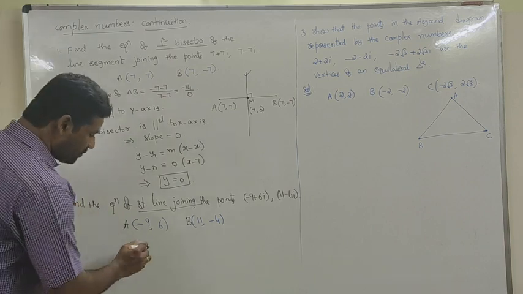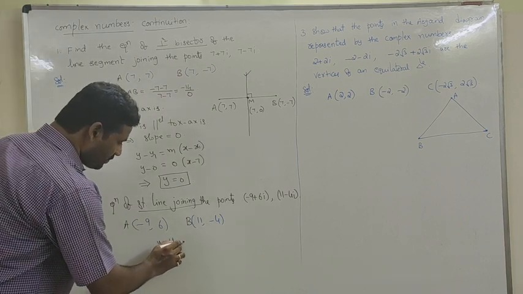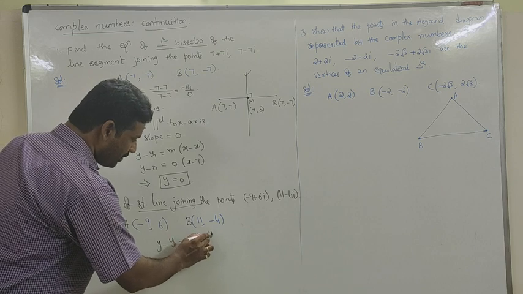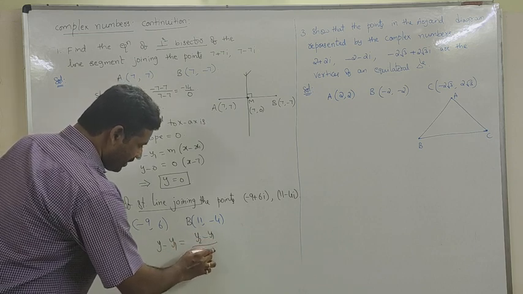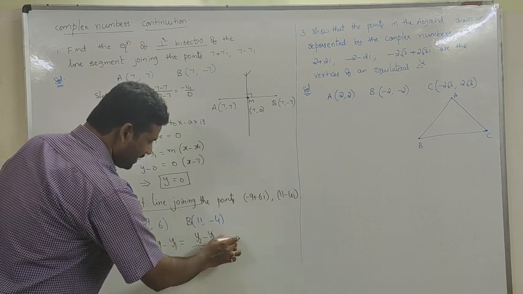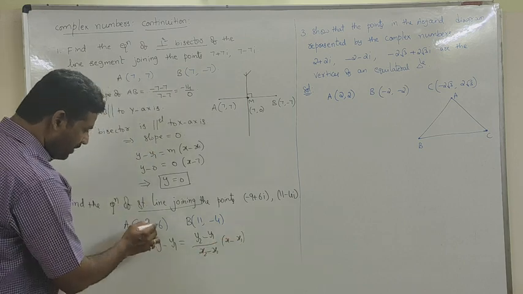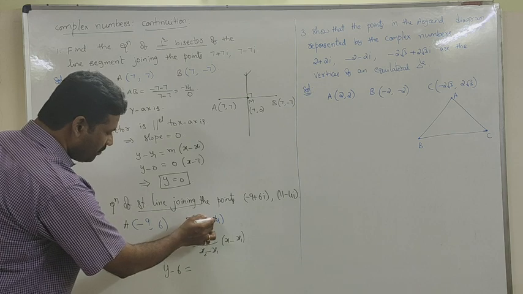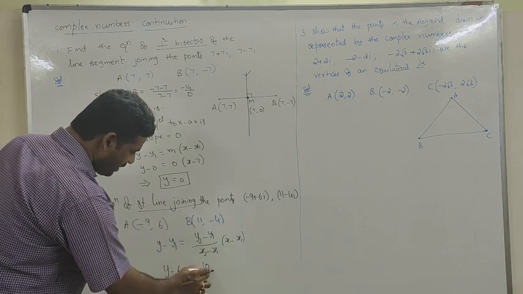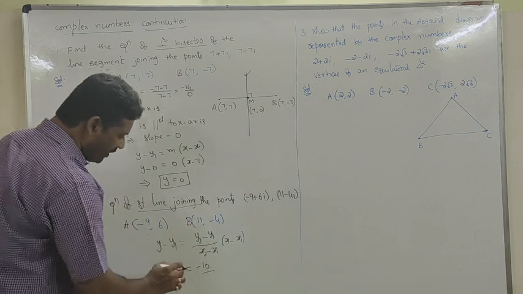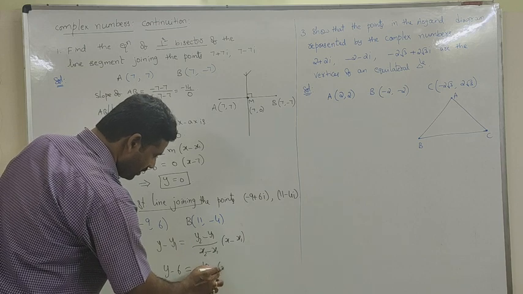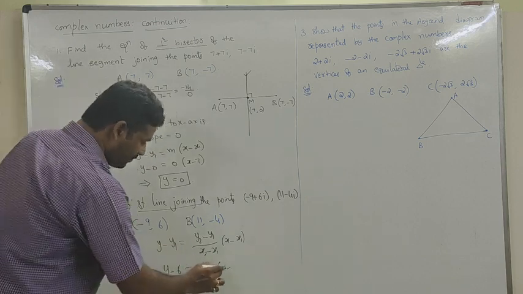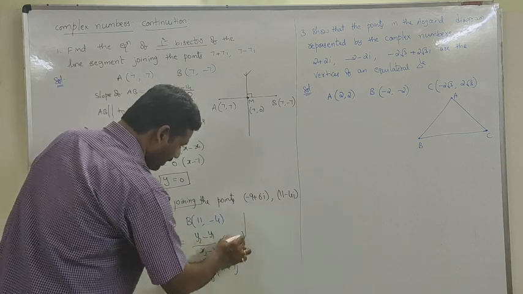AB: y minus y1 equal to y2 minus y1 by x2 minus x1 into x minus x1. y minus 6 equals minus 4 minus 6, that is minus 10, by 11 minus minus 9, that is 20, into x minus x1, that is x plus 9.